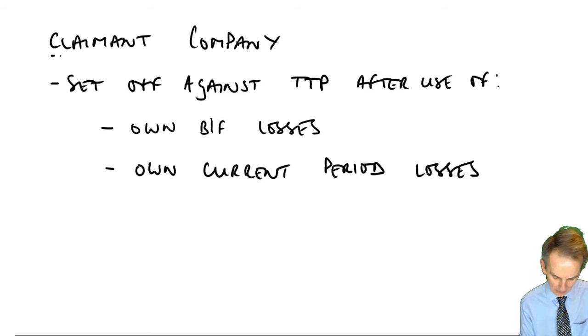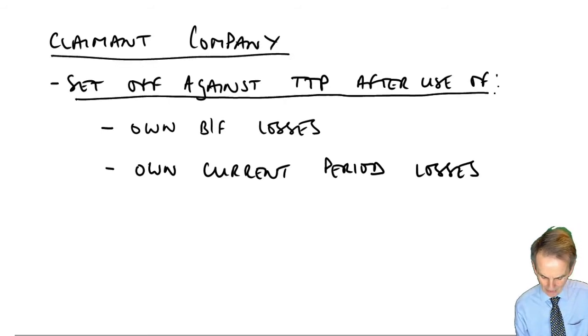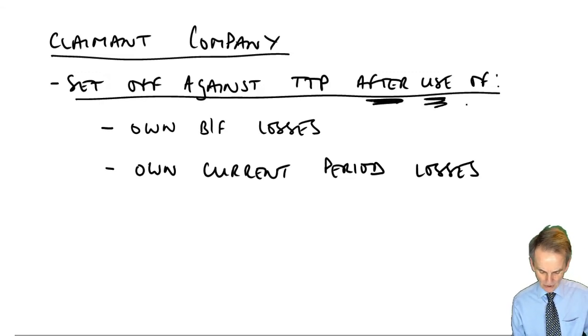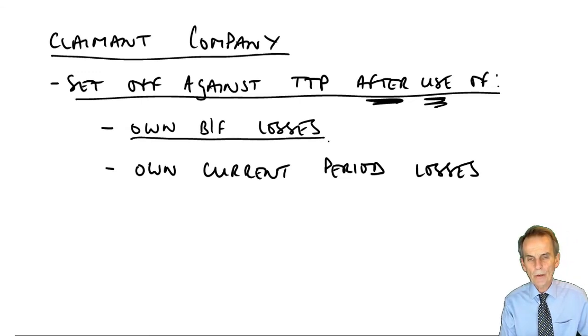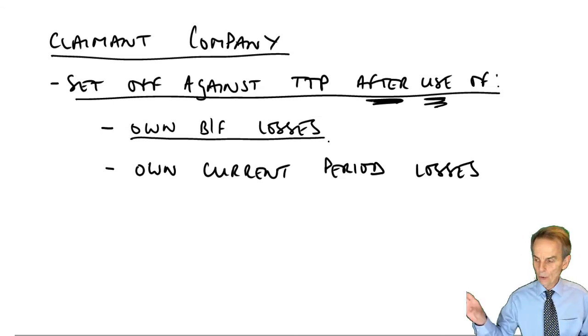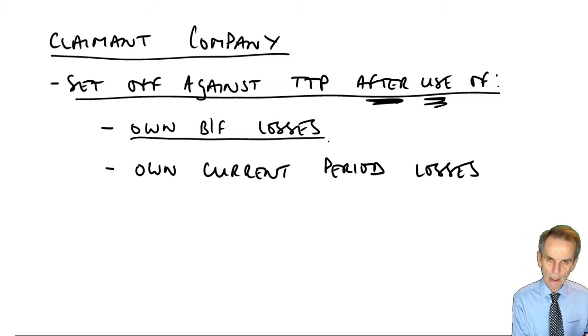So for the claimant company, we set off against the TTP after the use of its own brought forward losses. Having already established the amount of loss available to be surrendered by the loss-making company, we then target the TTP of the claimant company.